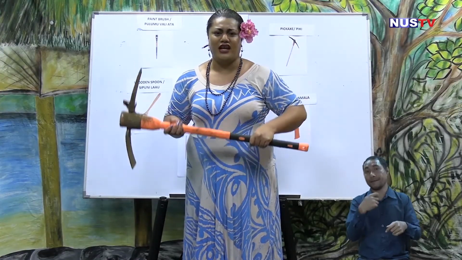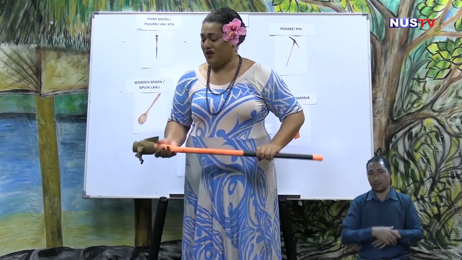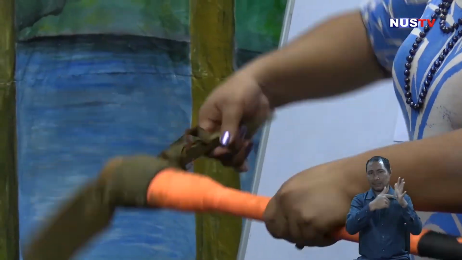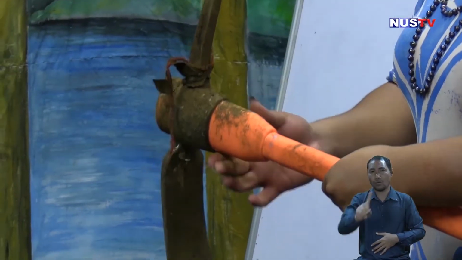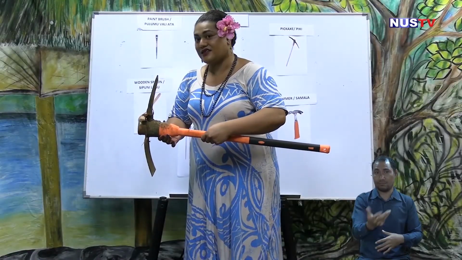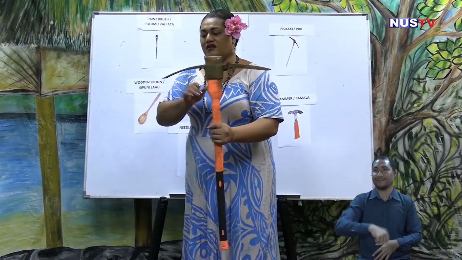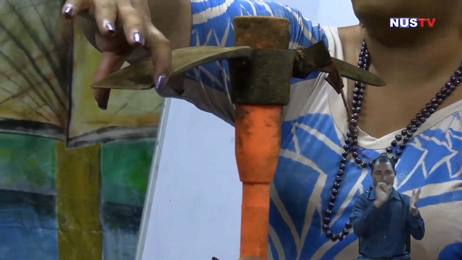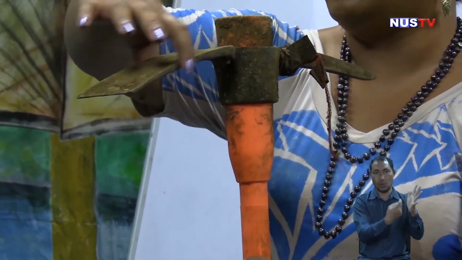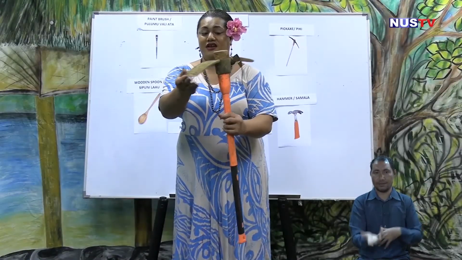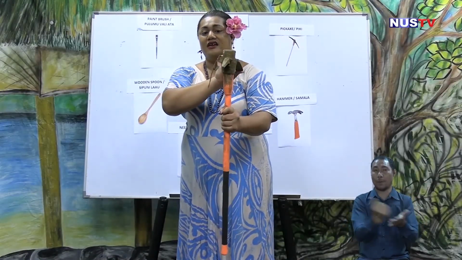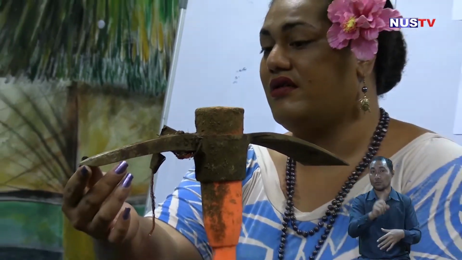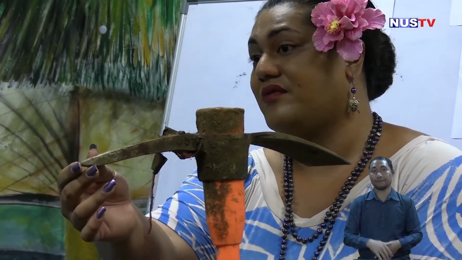It is also quite heavy because it has a metal top. So if you look at the top of the pickaxe, this part is quite thick and is quite wide in comparison to the other side. The other side is quite narrow and it is quite sharp.